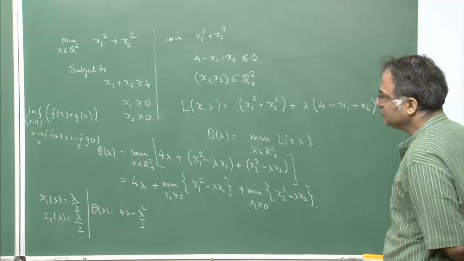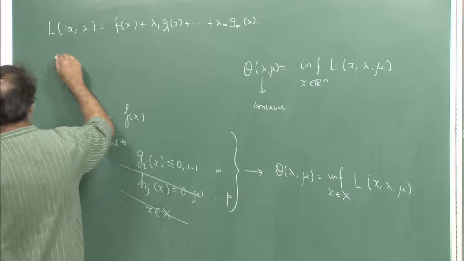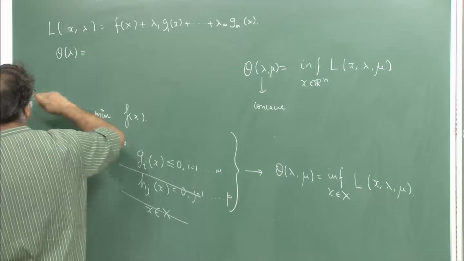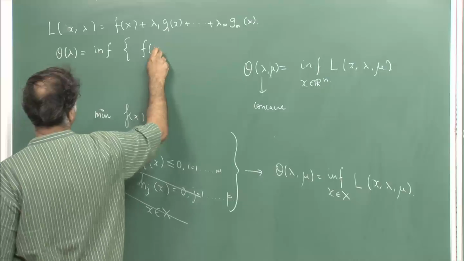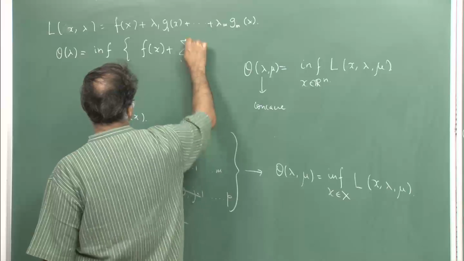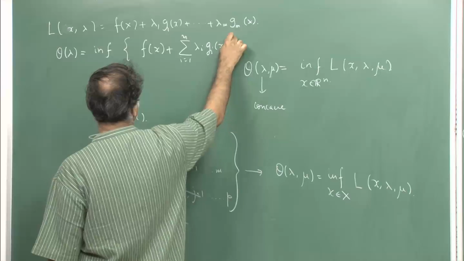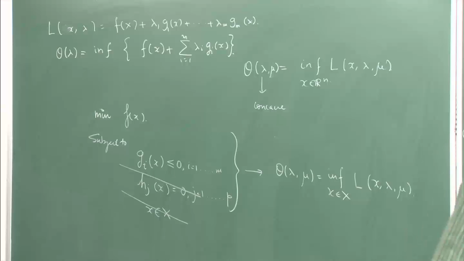Now, theta lambda is inf of f x plus the sum, and now depending on the lambda the solution set will change.